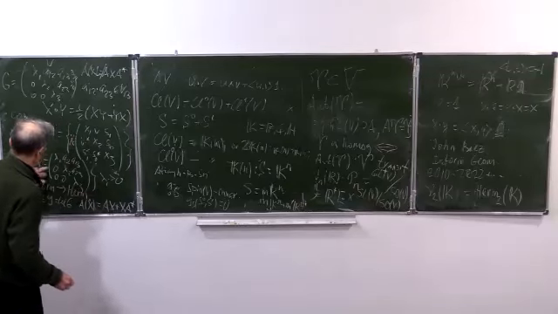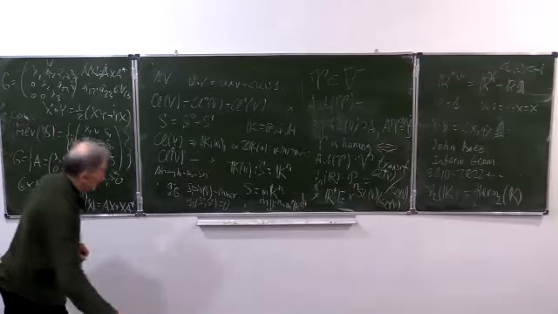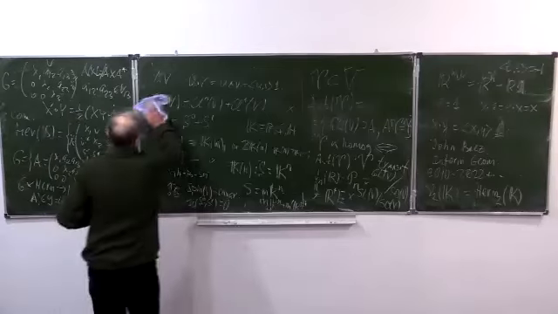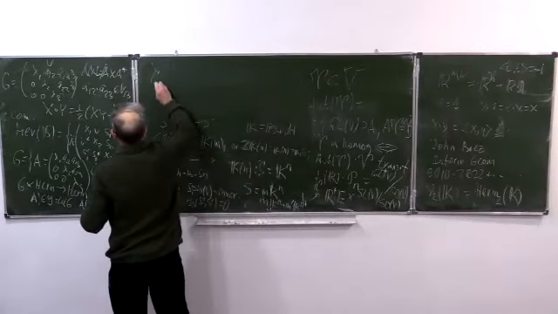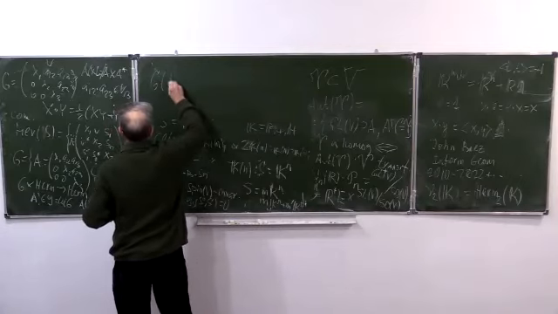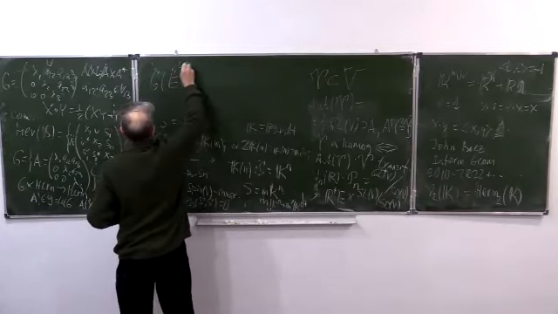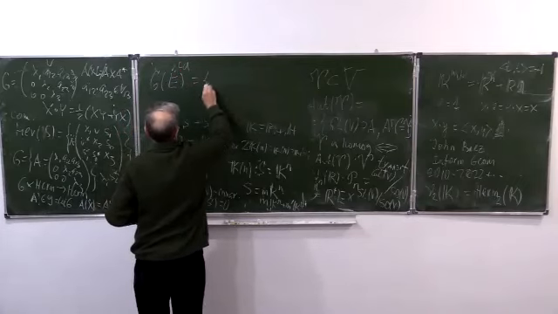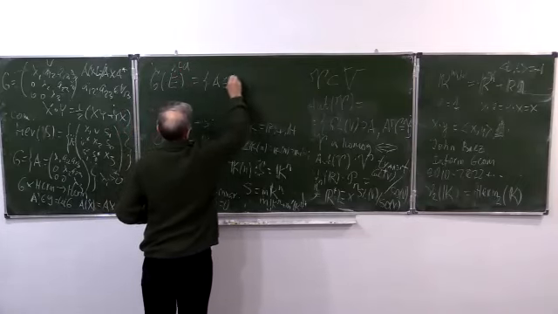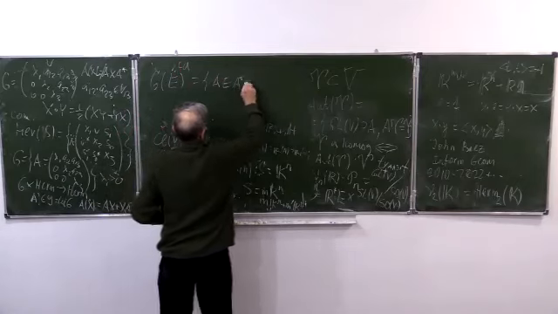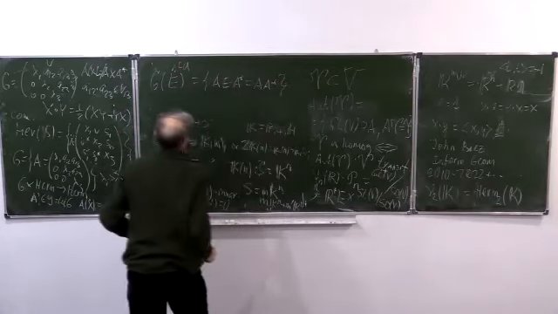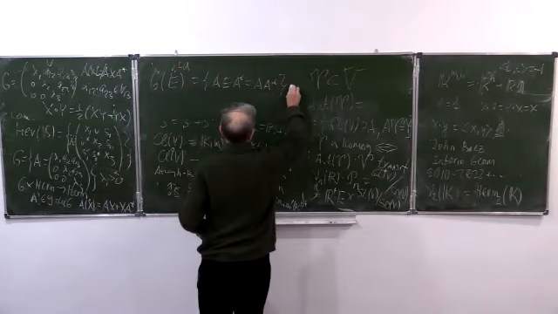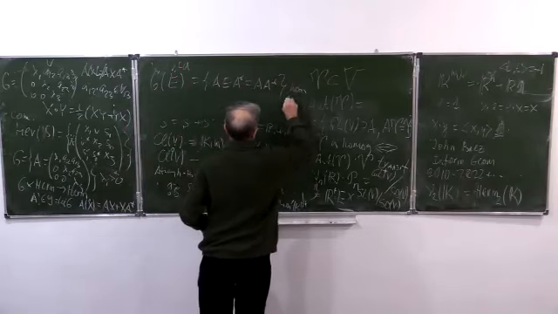And then Vinberg proves this: if you consider the action of G on the identity, then it can be written as A identity A star, which of course is A A star. And this will be a homogeneous convex cone.